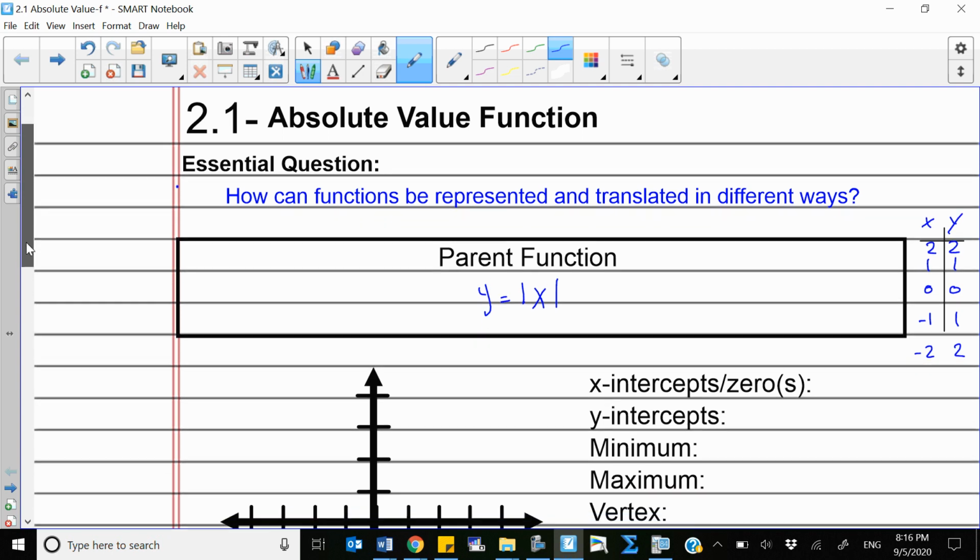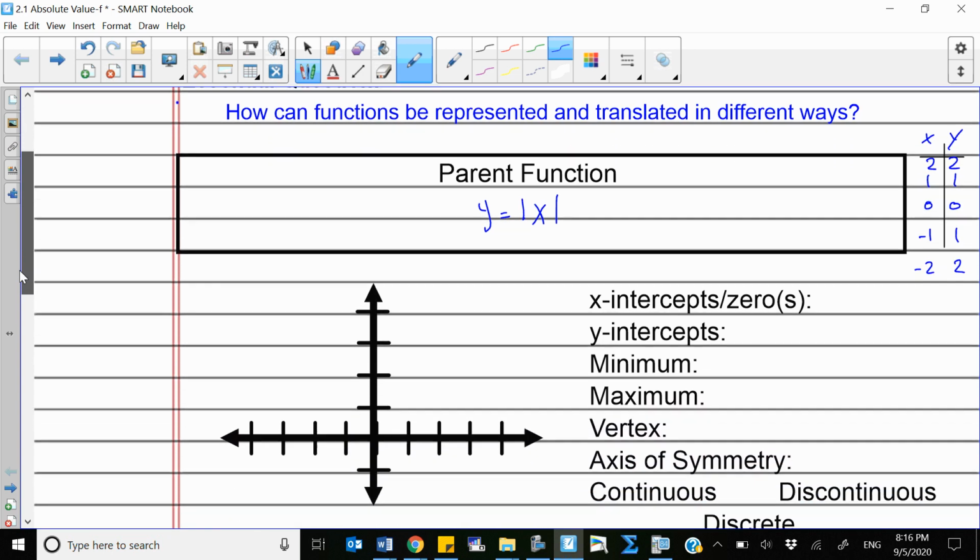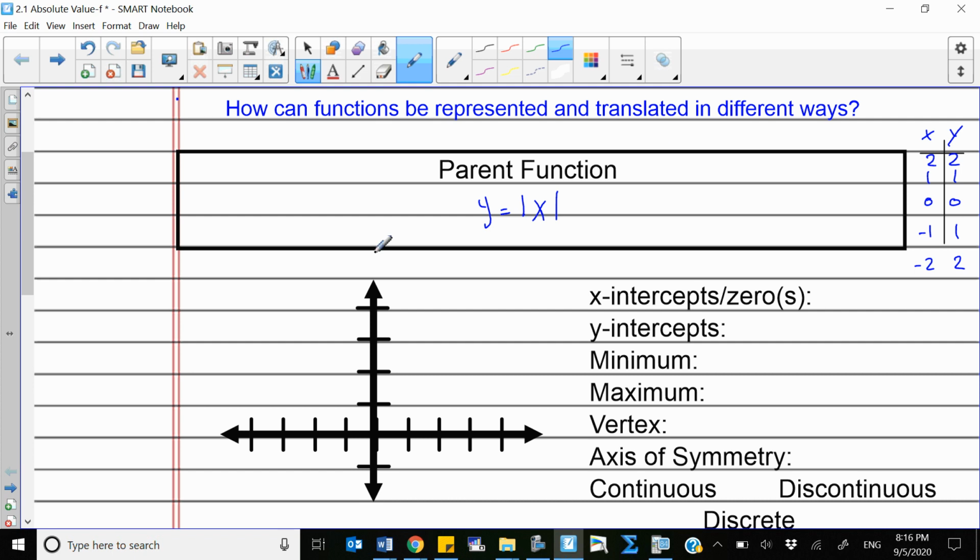So these are the values that I have. Now I'm going to use these points to graph the function. 0 and 0, 1 and 1, 2 and 2, -1 and 1, -2 and 2. So as you see, the y values are always positive, but the x values could be either positive or negative.